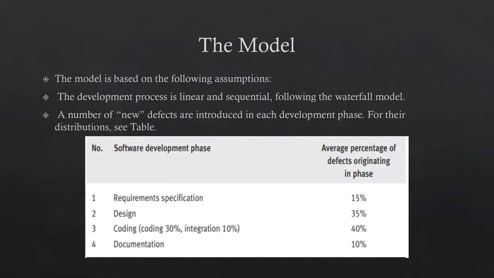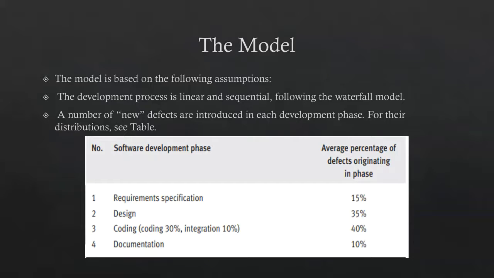You have to go back to the first phase, correct the errors, and then you can go on, because the waterfall model is linear and sequential. The number of new defects introduced in each development phase follows their distributions.